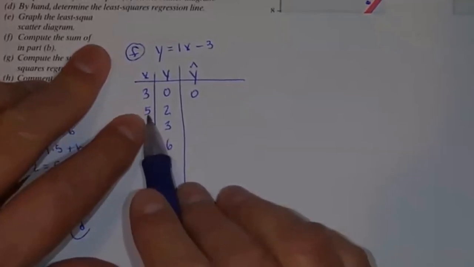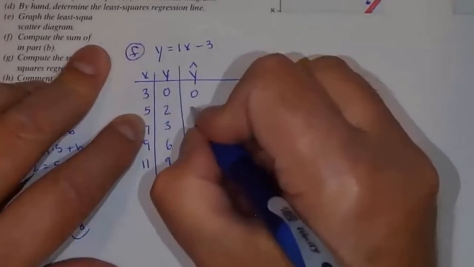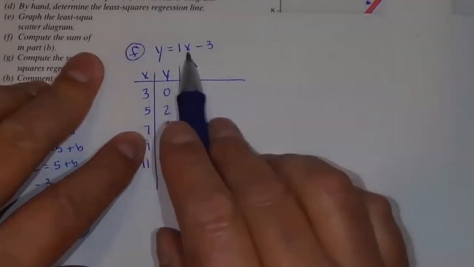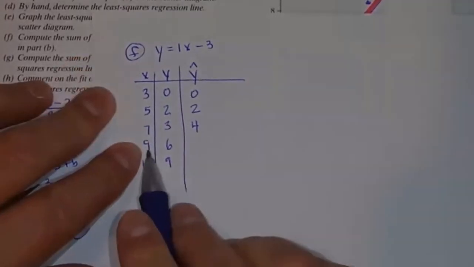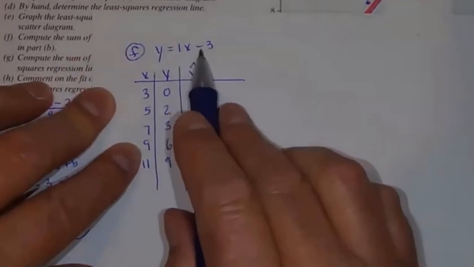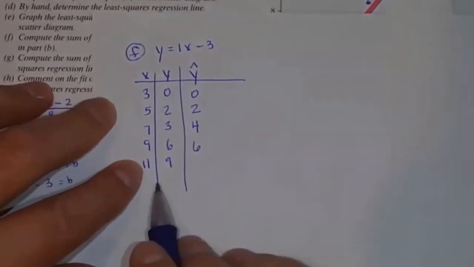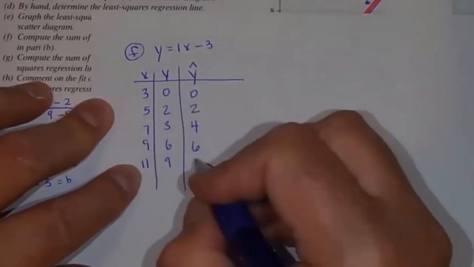If I substitute 5, 1 times 5 is 5, minus 3 is 2. If I substitute 7, 1 times 7 is 7, minus 3 is 4. 9, 1 times 9 is 9, minus 3 is 6. And 11, 1 times 11 is 11, minus 3 is 8.